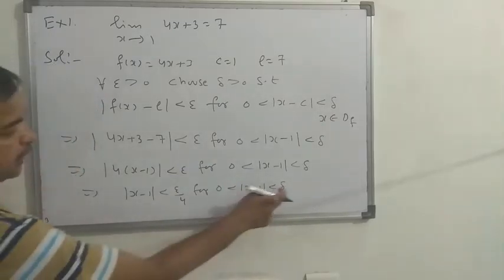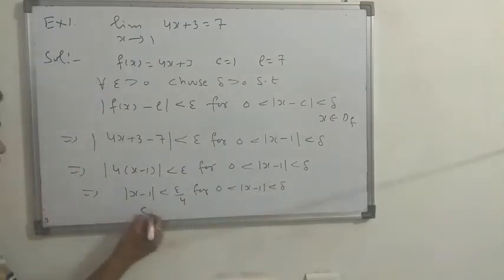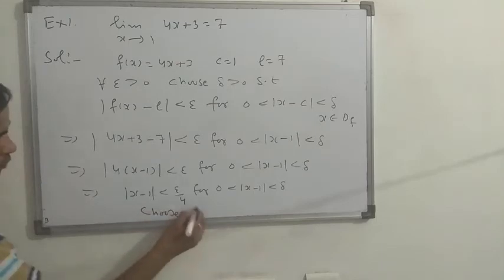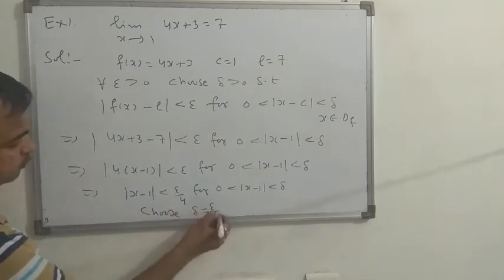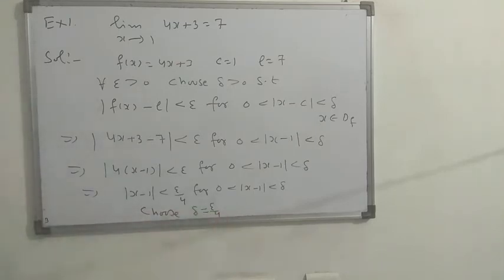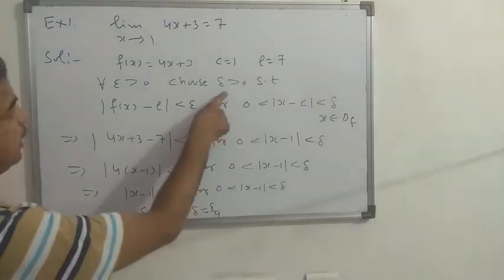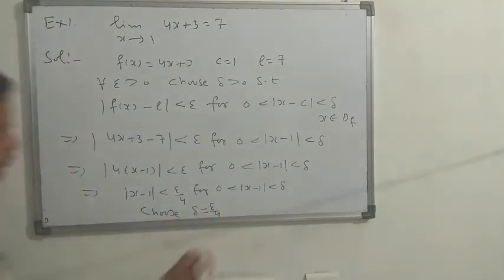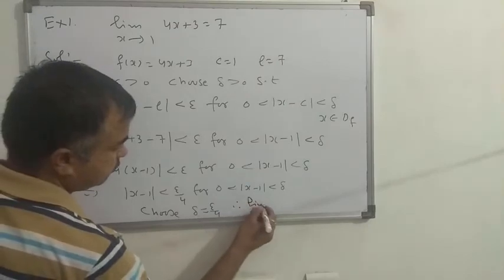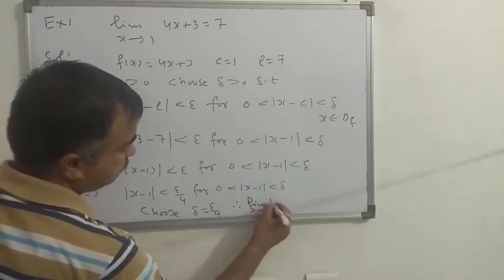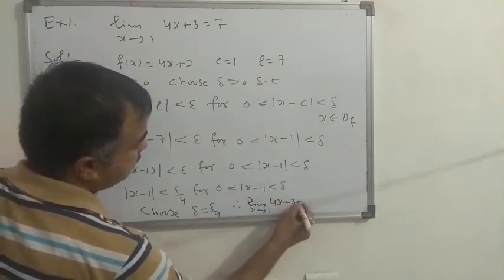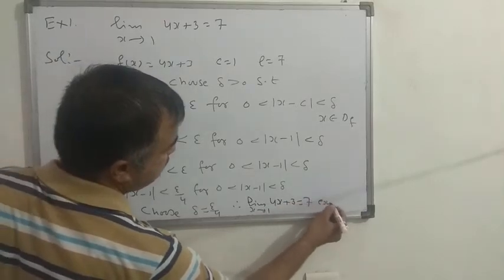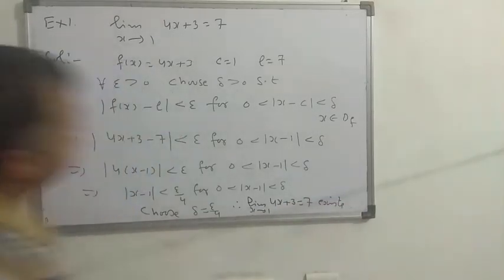So if we choose delta equal to epsilon by 4, that is, we are able to find delta in terms of epsilon, because we get delta equals epsilon by 4. So therefore the limit of 4x plus 3 equals 7 exists.